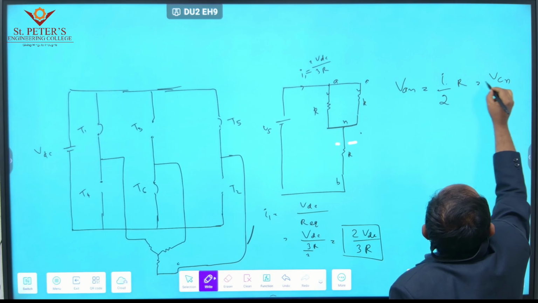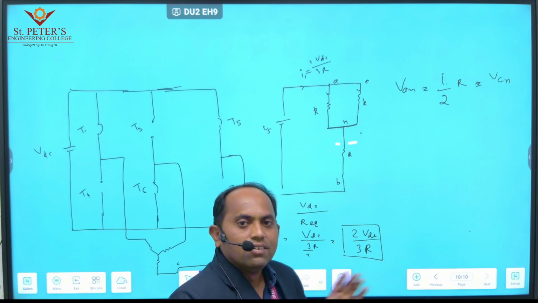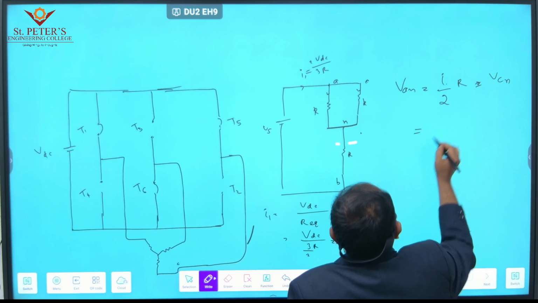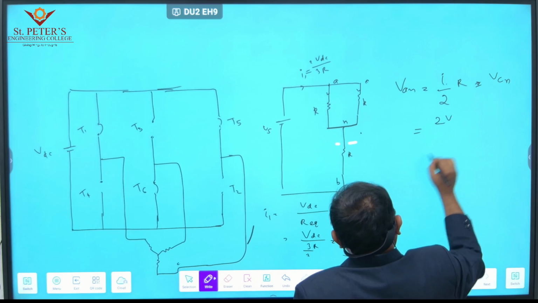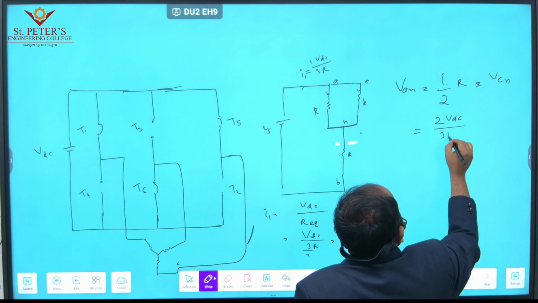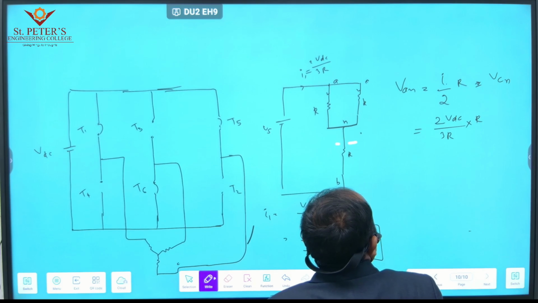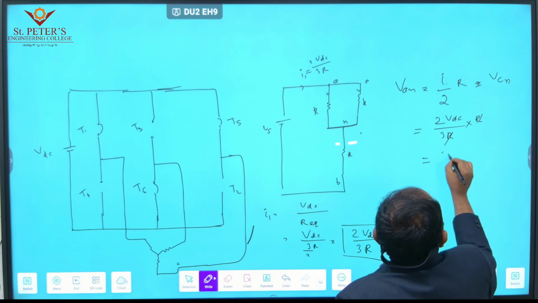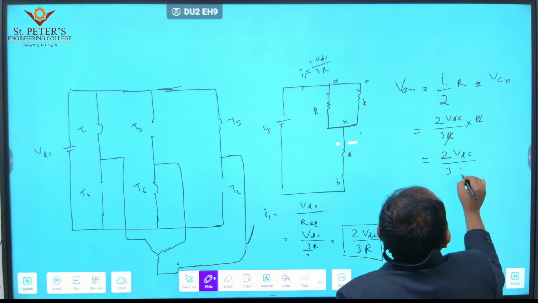Why? Because both are in parallel. VAN equals VCN. So what is I actually? I is nothing but 2 VDC divided by 3R into R. Then we can cancel out each other.